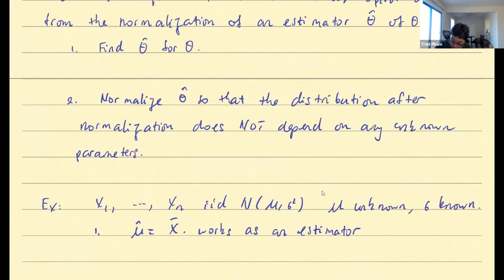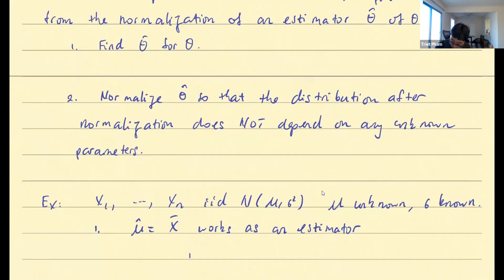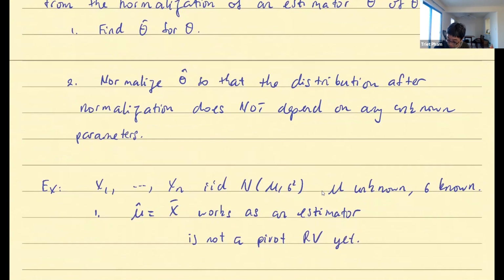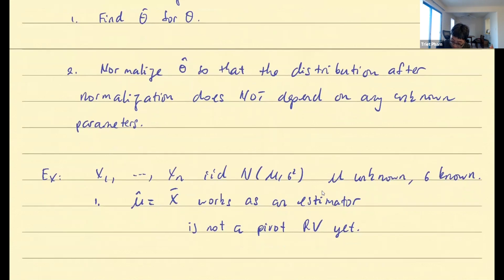So mu hat equals X bar works as an estimator for sure. I mean, mu hat is completely known, but is not a pivot random variable yet. Okay, why so? Because the distribution of mu hat is normal with mean mu and variance sigma square over n.